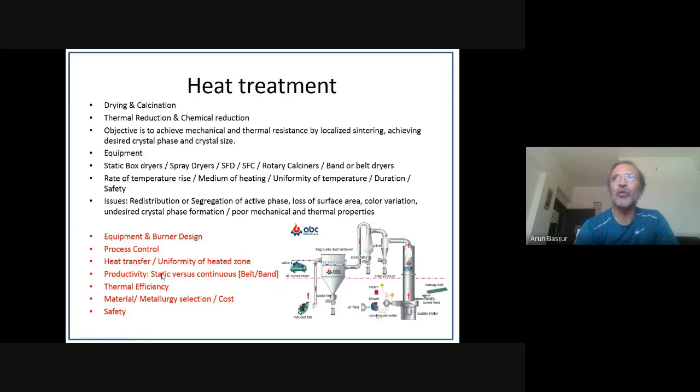But when one goes to commercial, it is useful to use a continuous process for reasons of higher productivity. So then one has to translate this process from static to continuous. Thermal efficiency, the material of construction and metallurgy used, cost, and also safety. So these are areas where a chemical engineer can contribute.